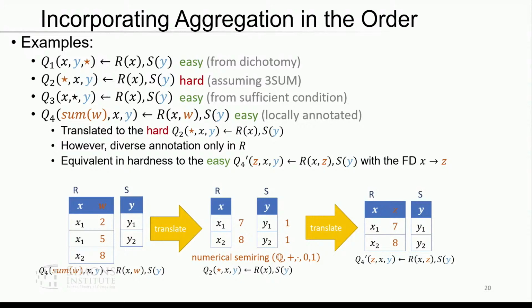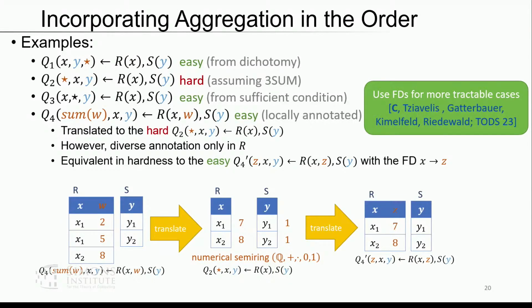So for each value of X, we will have one value of Z. And this is something we can actually use to get more tractable cases for direct access. So in this particular case, we didn't need it because the query is already of a good structure. But in general, we know that functional dependencies can help us get more tractable cases. And also when we use it with local annotations here in this context, functional dependencies sometimes help.